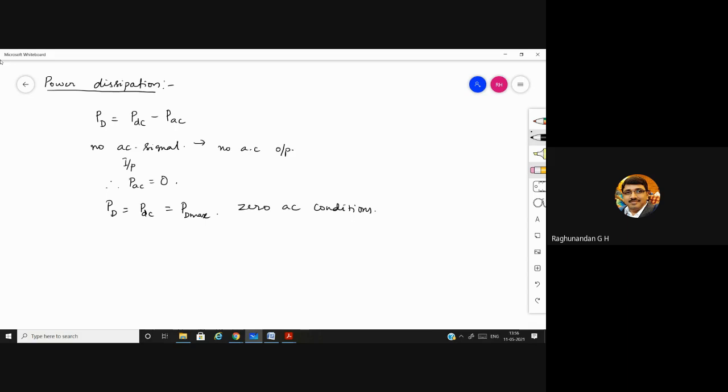Care has to be taken to see that the dissipation does not exceed the limit. Even when PD is equal to PDC, there is some threshold or some limit. If it exceeds that limit, then it is going to derate the device.